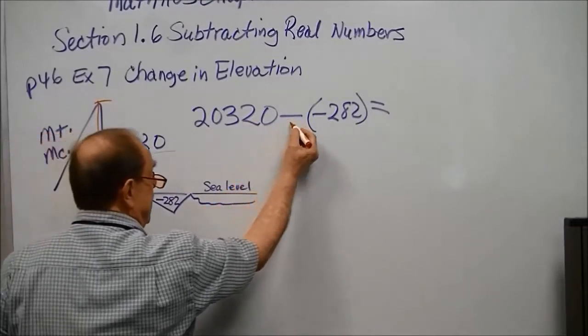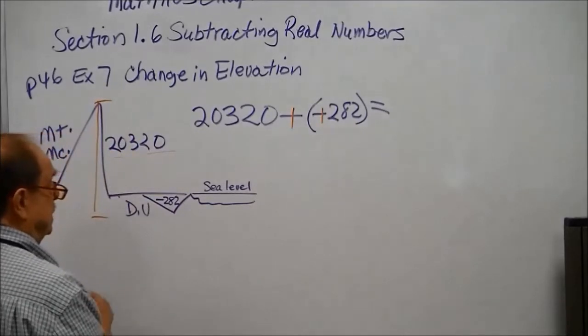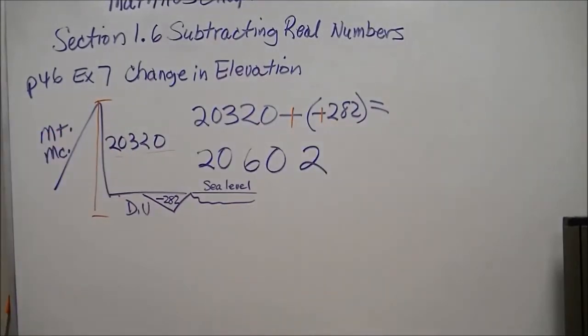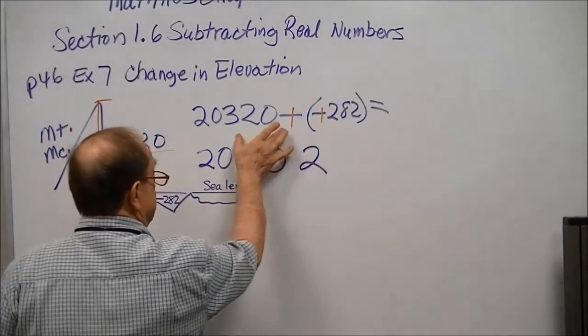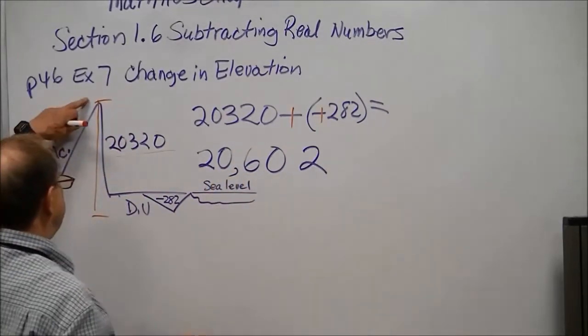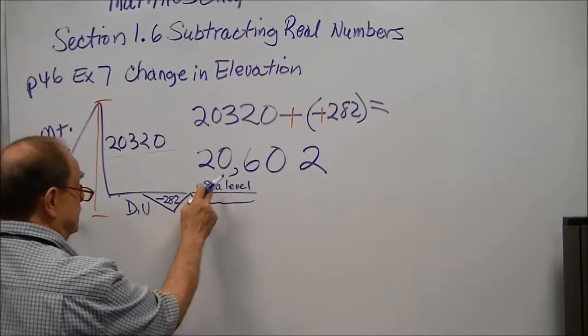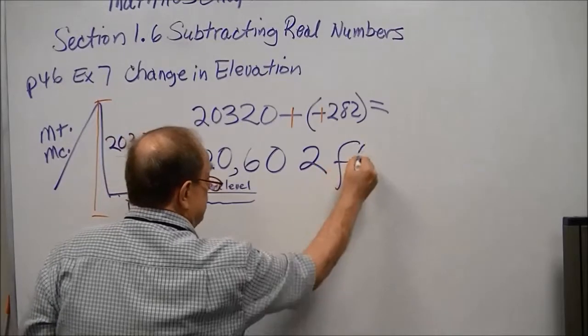Because we're taking the opposite of a negative, we actually add that. So adding these two numbers then, we end up with the total distance from the top of Mount McKinley to the bottom of Death Valley is 20,602 feet.